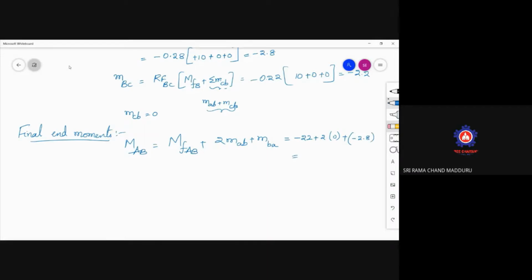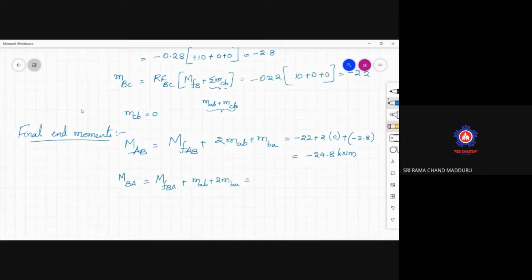Then this will become minus 24.8 kilonewton meter. MBA is equal to MFBA plus 2MBA plus MAB.